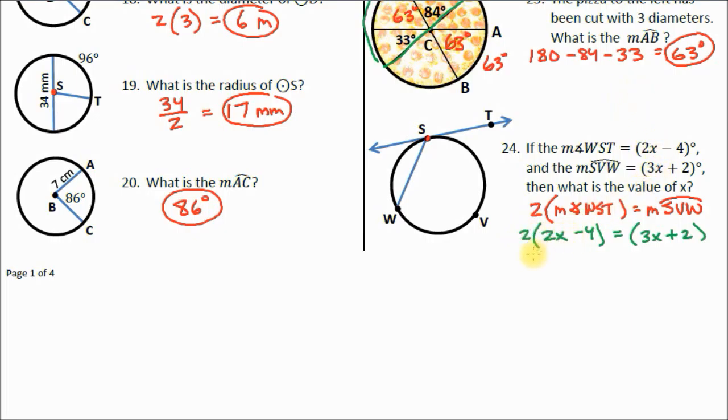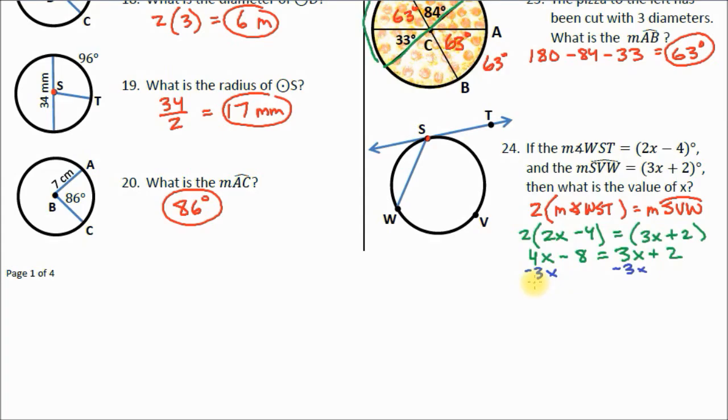Let's distribute. 2 times 2x is 4x. 2 times negative 4 is negative 8. We can get rid of the parentheses over here because there's nothing on the outside. And now let's go ahead and use our Algebra 1 skills. We're going to subtract 3x from both sides.